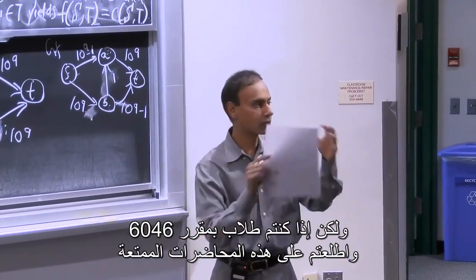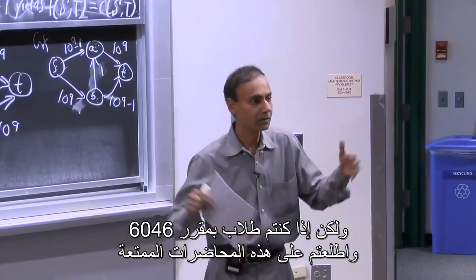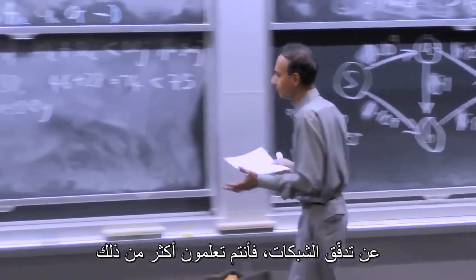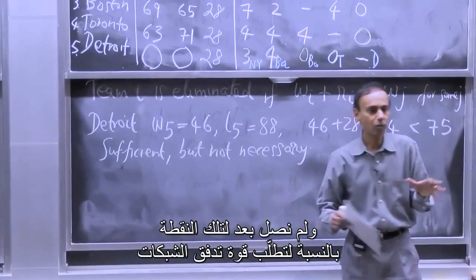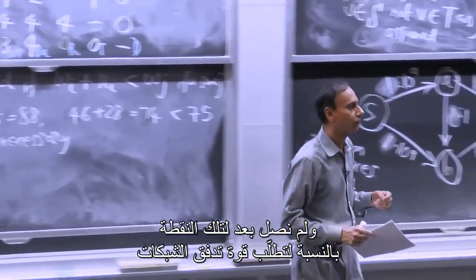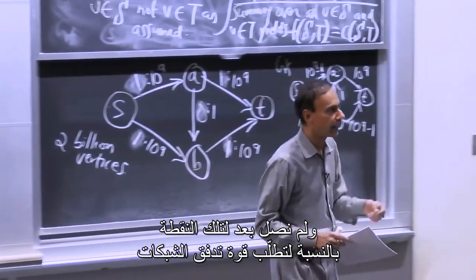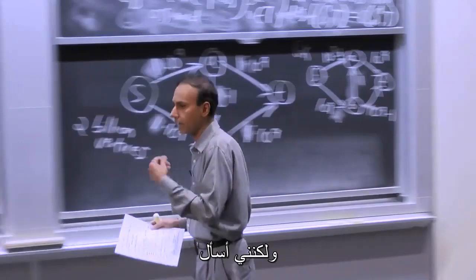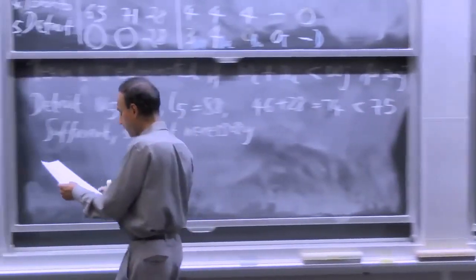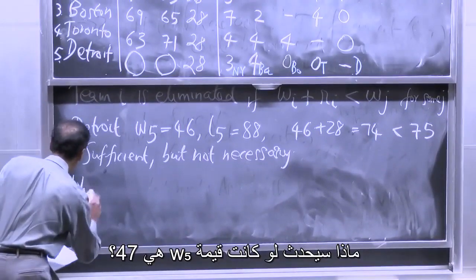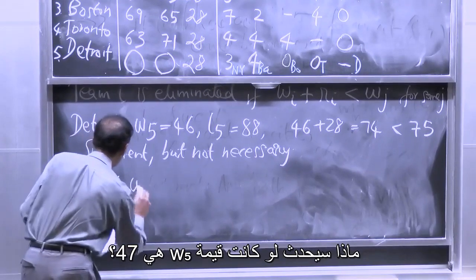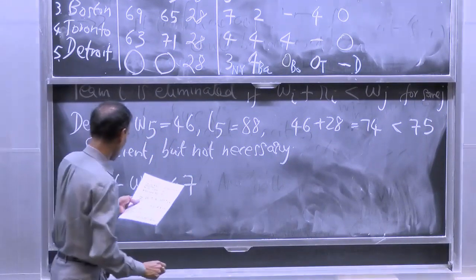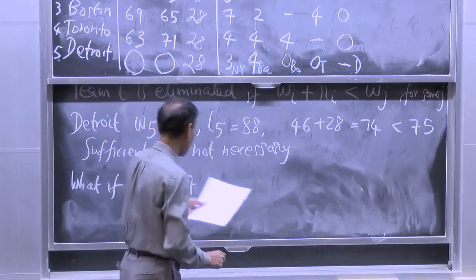But if you were a 6046 student and you went through these wonderful lectures on network flow, you know much more, right? And we're not quite there yet in terms of requiring the power of network flow. But I ask, what if W5 were 47, right?